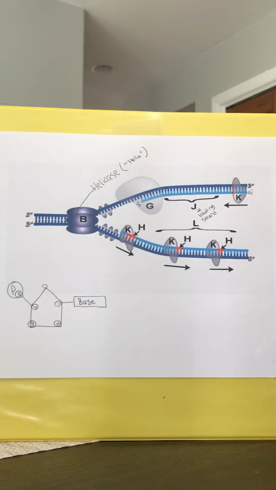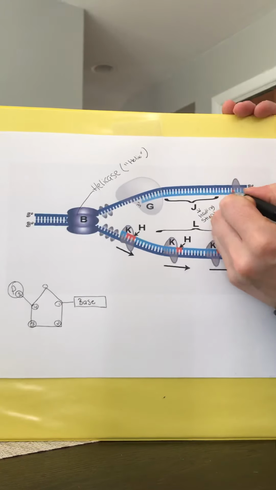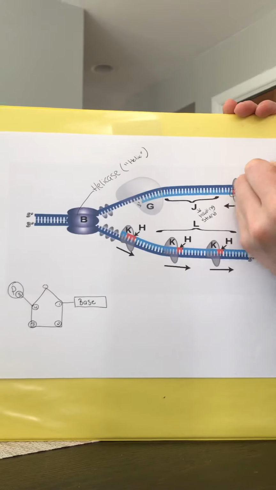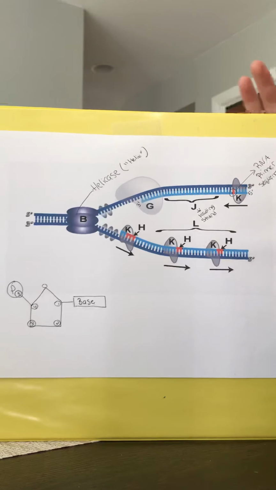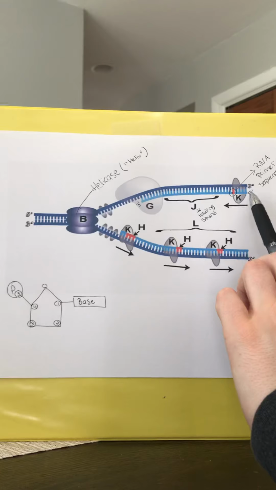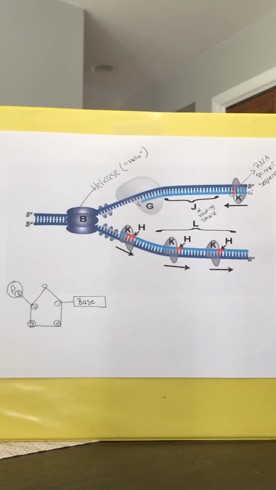So this little red piece here is actually an RNA primer sequence. And that pretty much tells the enzymes where to begin replication, right? Because they're just kind of floating around and they don't exactly know where to start. So this is actually a sequence of RNA that is placed, and it's simply there to tell the enzyme, okay, here's where you're going to start.